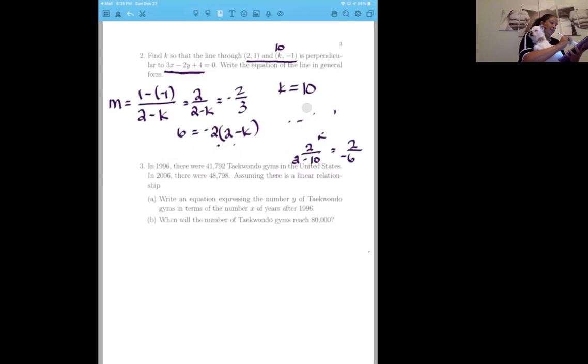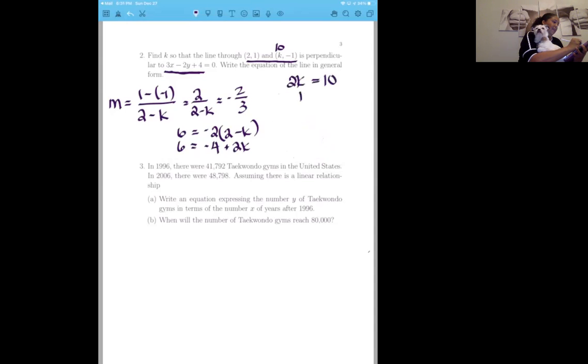Here's where we made a mistake. All right, so let's go back here. Now I'm going to distribute that negative 2. So I have 6 equals negative 4 plus 2k. So I have 2k equals 10, and that gives k equals 5. Now, we can check to make sure that that is a correct value.